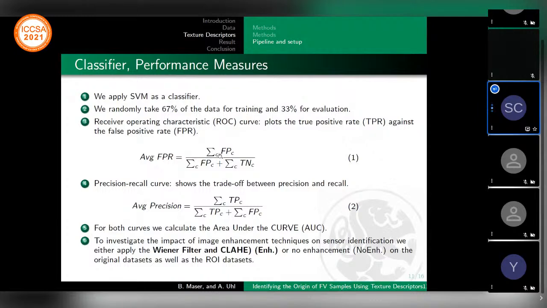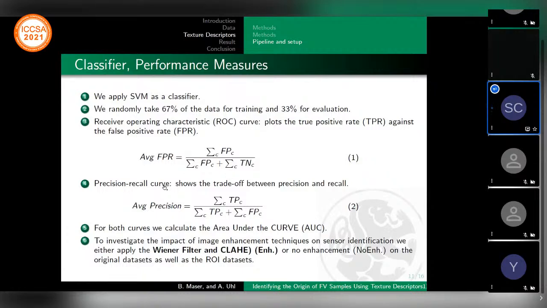And here we have the example of how the false positive rate is computed. That means C is the class, so the database, basically, and we sum all false positives for one class, summed over all classes, divided by the sum over C of all false positives plus the sum of all true negatives for each class.